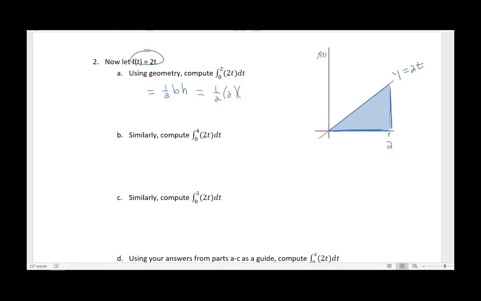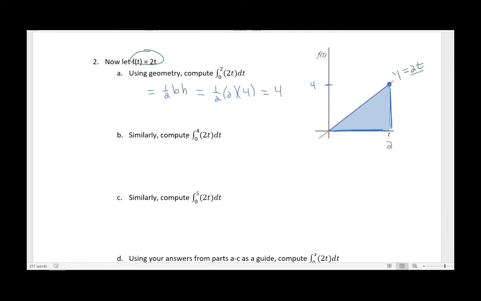So if my domain input, if you will, is 2, what's the y value? Well, it's going to be 2 times 2, which is 4 in that particular case. So the height of that triangle is 4. Now if I crunch that number out, what do I get? 4 is that result.